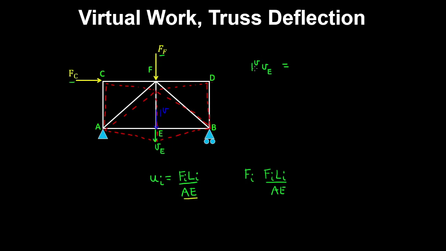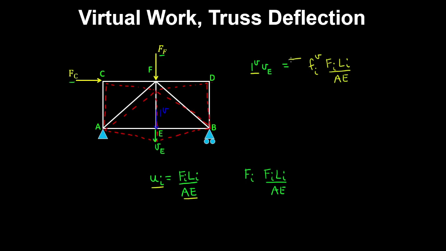So similar to the beam, where we had the unit virtual load causing virtual bending moments to develop in a beam, in this case this virtual load causes virtual axial forces to develop in a truss member. And multiplying this virtual force by the deformation in each truss member gives the internal force in member i times the length of the member over the axial stiffness.